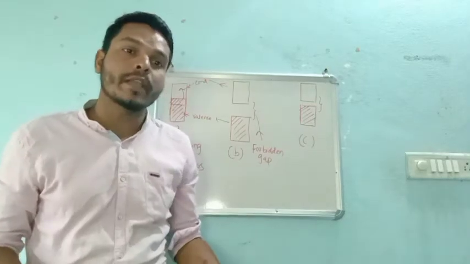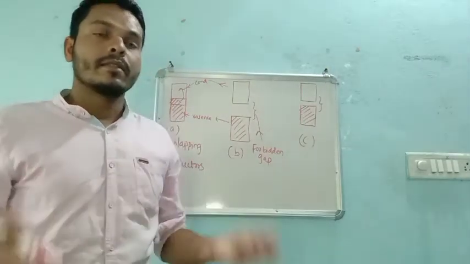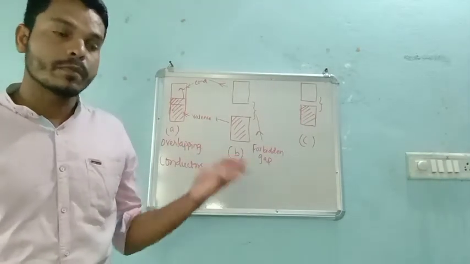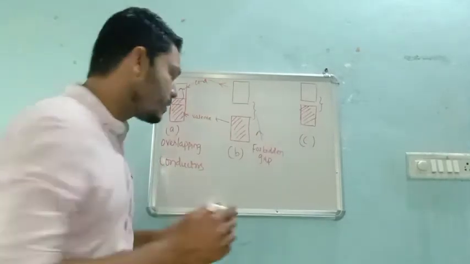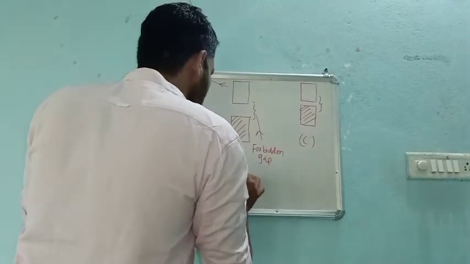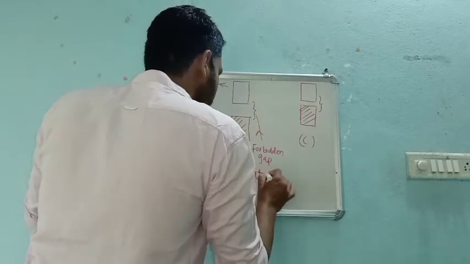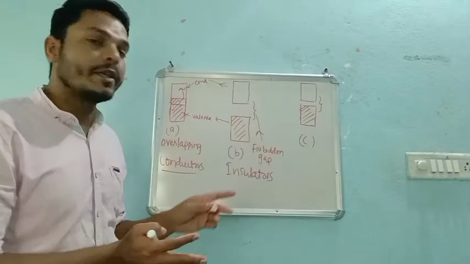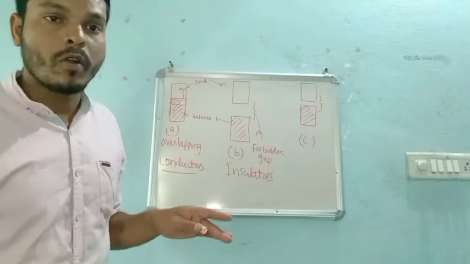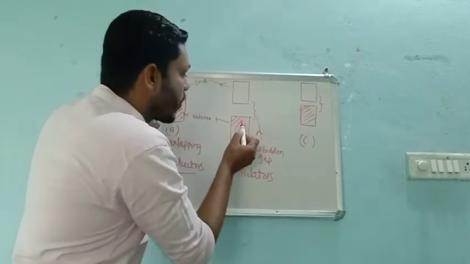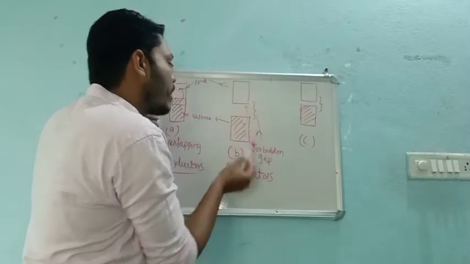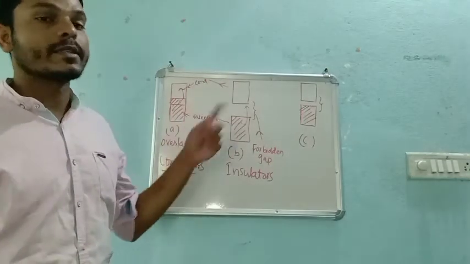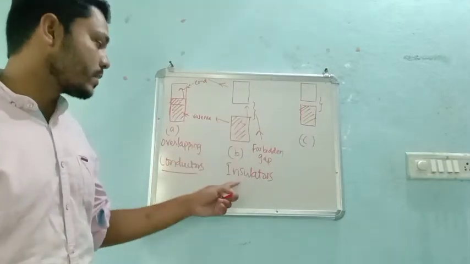If they are not transferring, it does not conduct electricity. If substances do not conduct electricity, we call them insulators. So in insulators we see this type of arrangement because the forbidden gap between the conduction band and the valence band is large. That's why the electrons in the valence band do not transfer into the conduction band, and electricity is not passing. Such examples are called insulators.